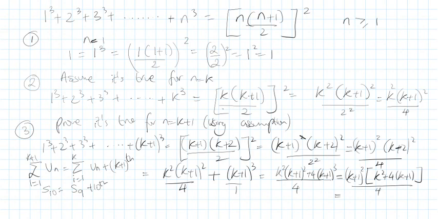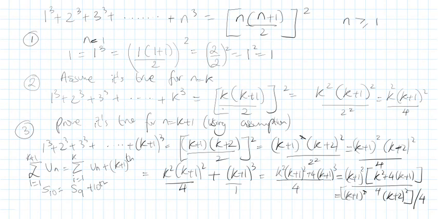If you expand that, k squared plus 4k plus 4 is actually k plus 2 squared. So you end up getting k plus 1 squared times k plus 2 squared divided by 4, which is the expression we had to get if we replaced n by k plus 1.